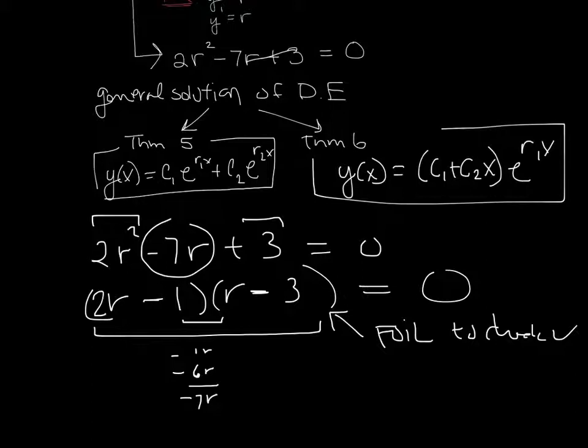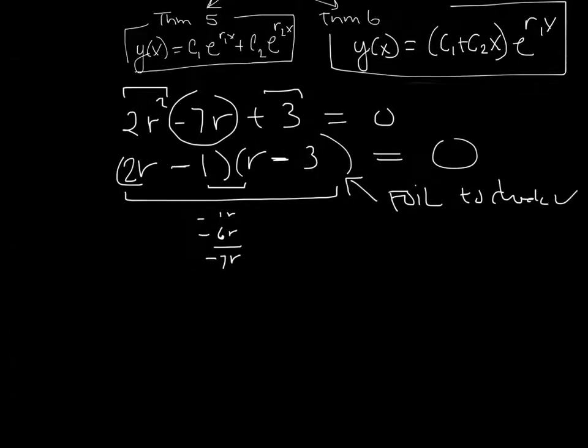If you FOIL these factors, you will get this polynomial. And if you need some review in factoring, use any open resource, go online, go on YouTube, any channel you want, and just search factoring polynomials, and you'll get a great review. If not, then that's fine as well.